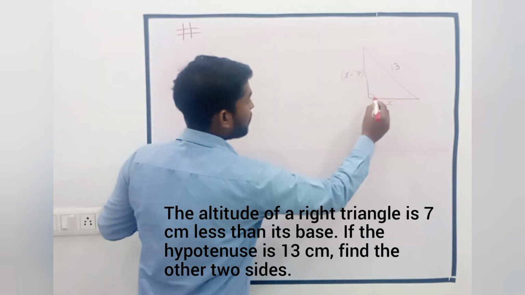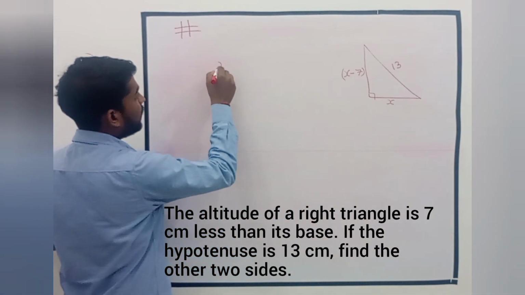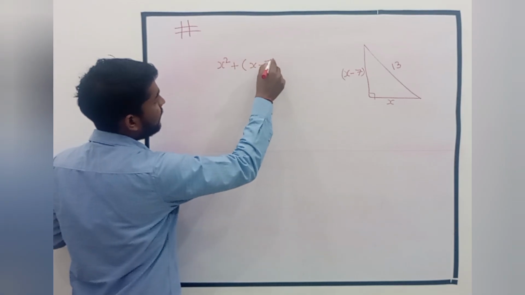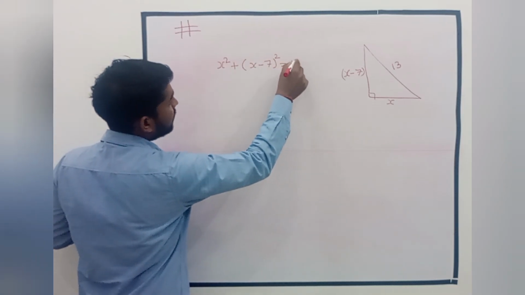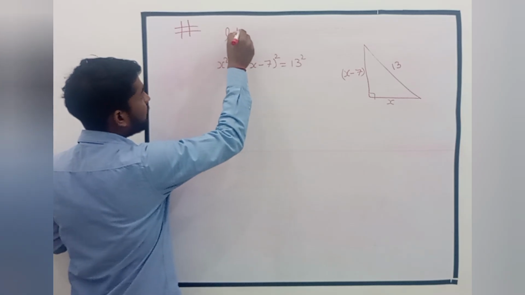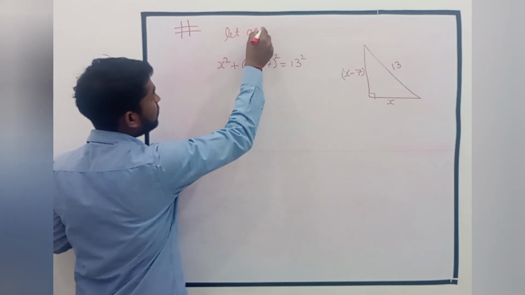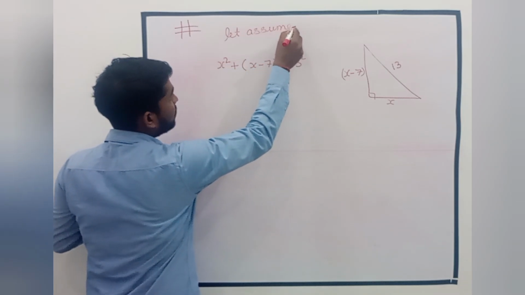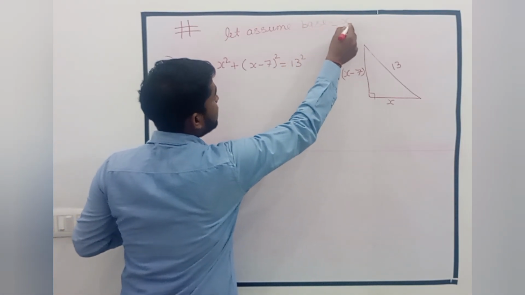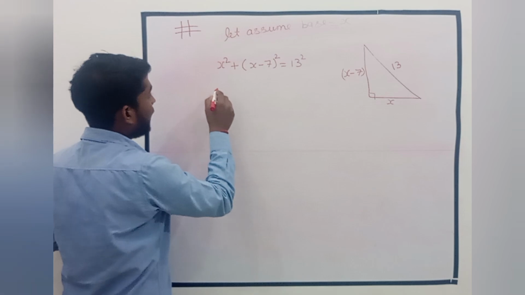We will use the Pythagoras theorem, that is x square plus x minus 7 square equal to 13 square. Let us assume base equal to x, and we will solve this.